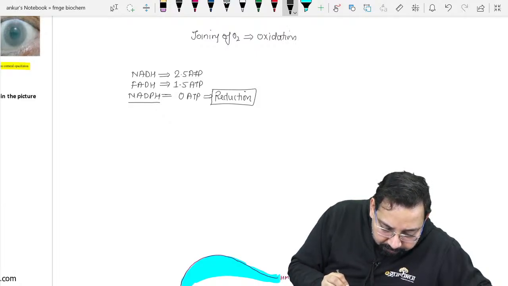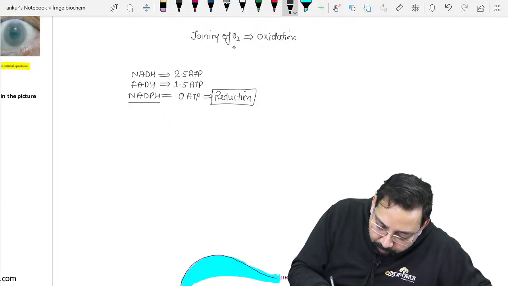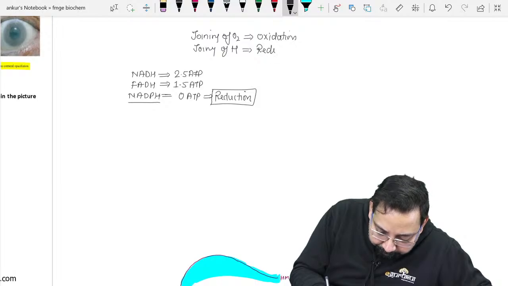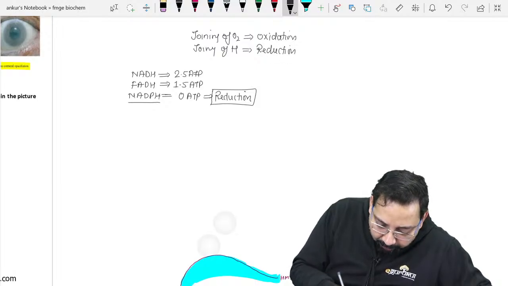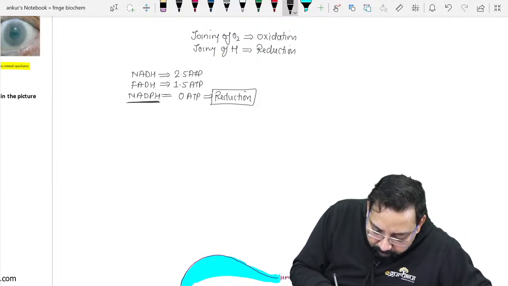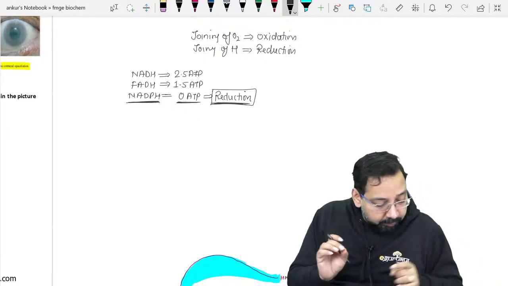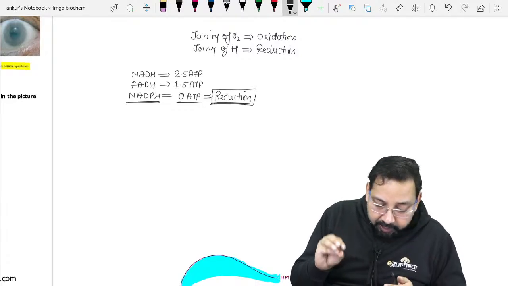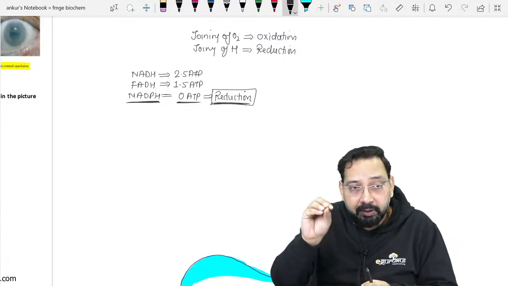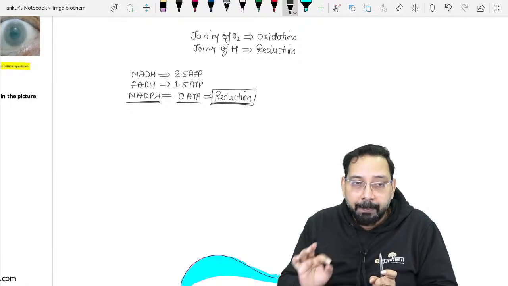Good. Joining of hydrogen is reduction. So NADPH is not related with energy, it is related with reduction. Whenever we want reduction, NADPH will go, give hydrogen and reduce.